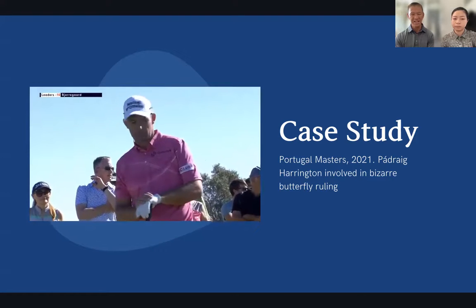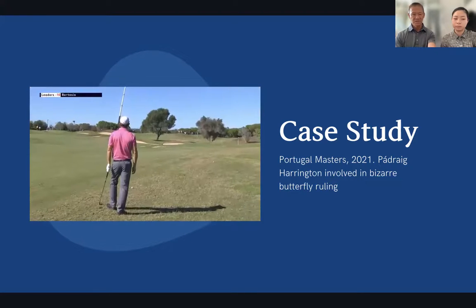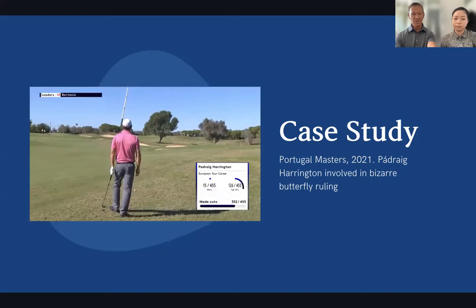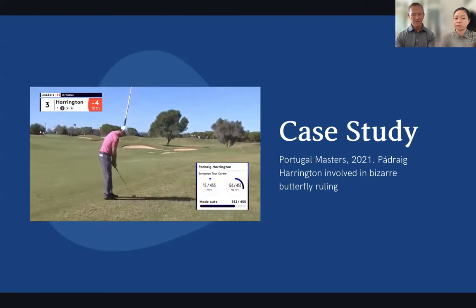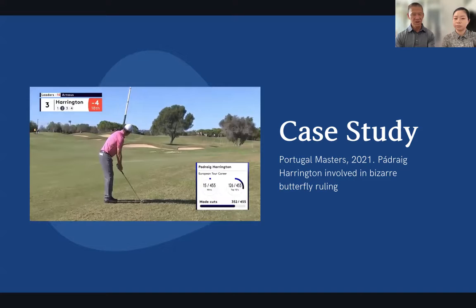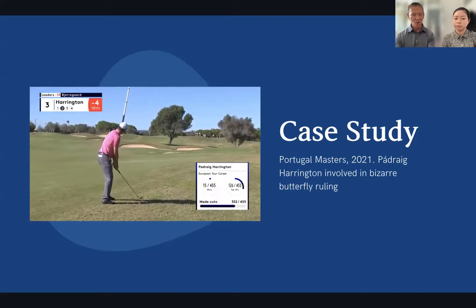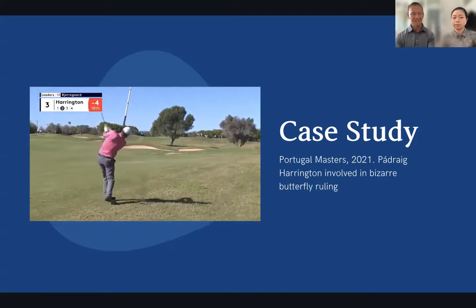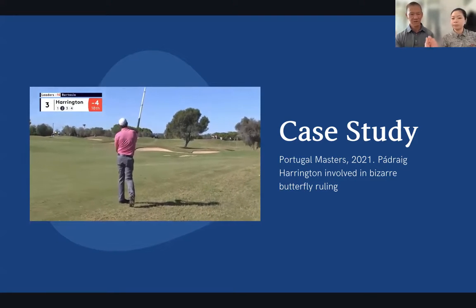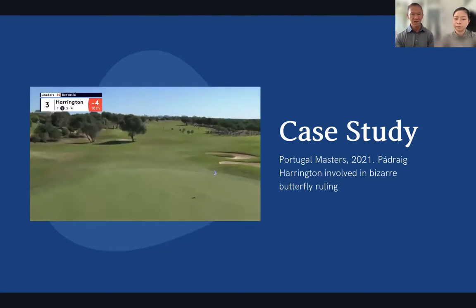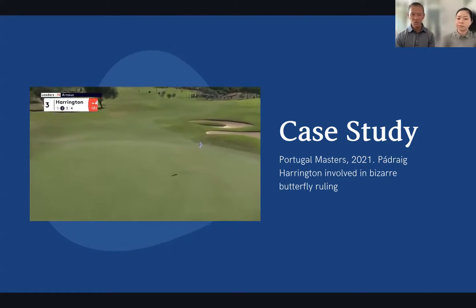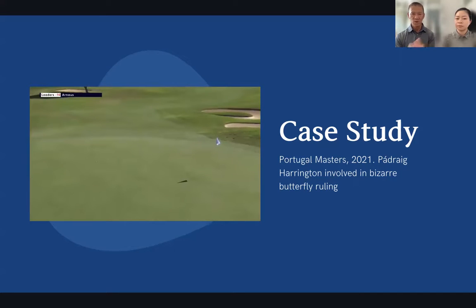It's very tiny, and judging from the distance of Harrington's ball, the little moth shouldn't have the power to deflect the path of the ball. So that's why the rules official ruled that the ball was holed out.